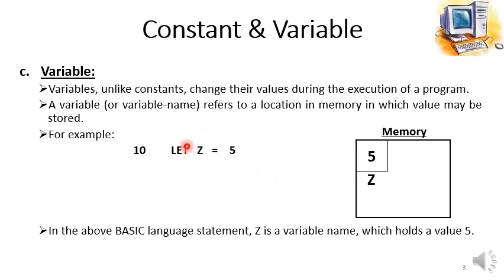So that is the purpose of using variable names, and this is how variables are declared, and this is what happens inside the memory when we declare a variable and assign any value to a variable. So this was just for your understanding and concept.